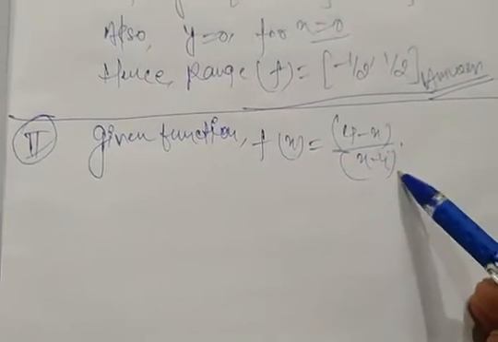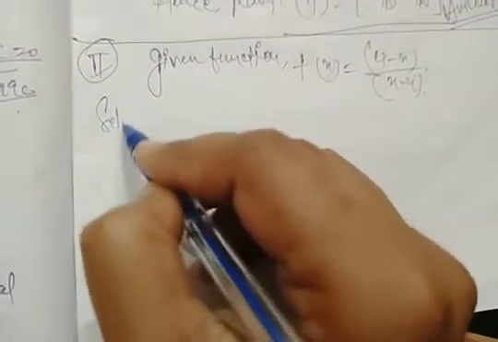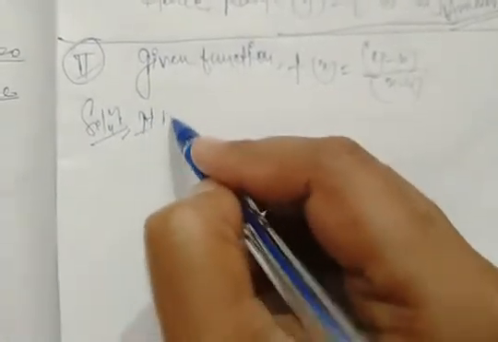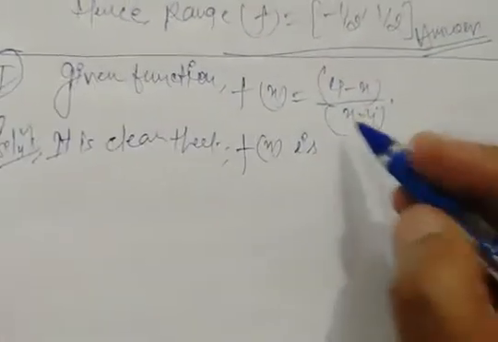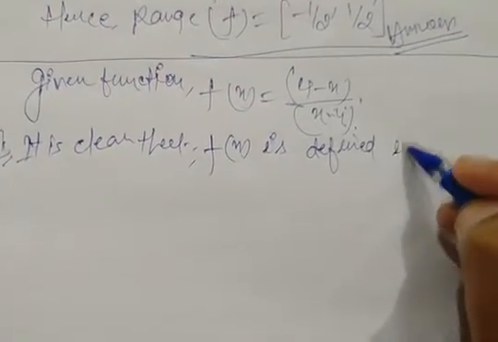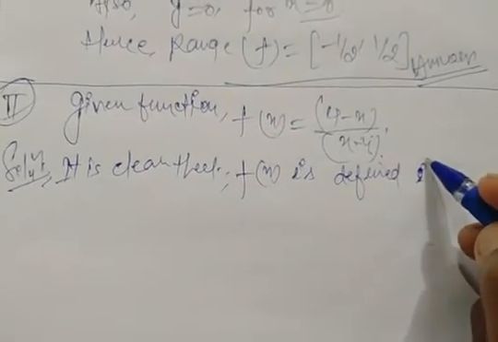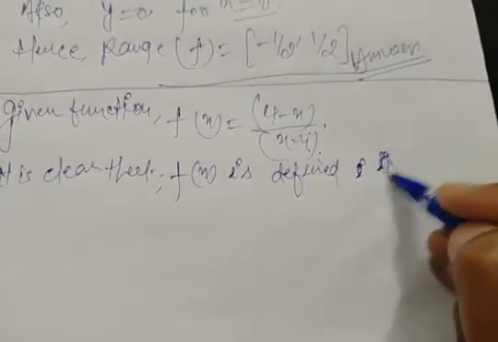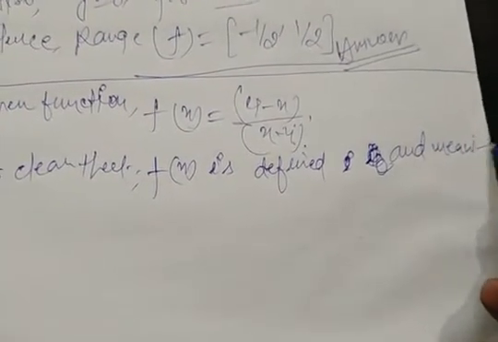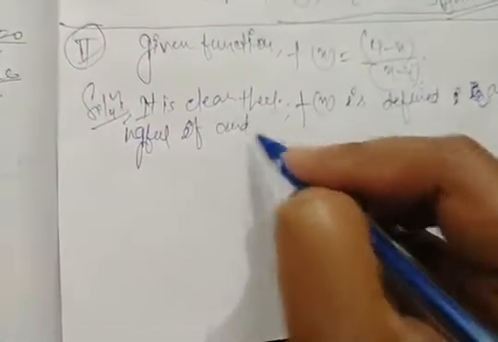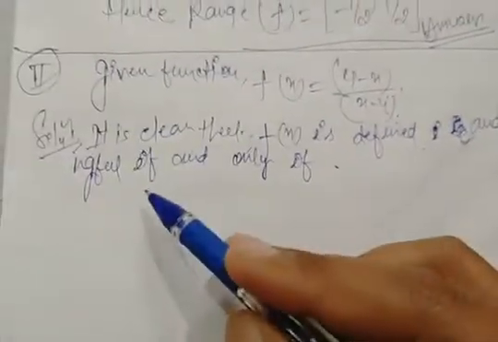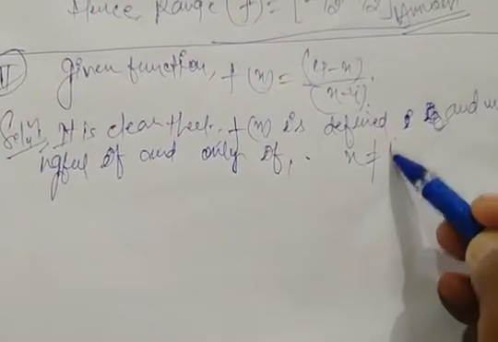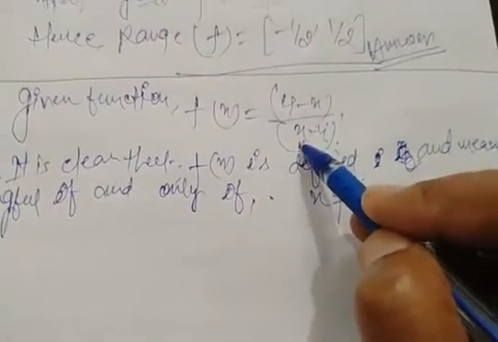Here we observe that f of x is defined and meaningful if and only if x does not equal 4, because suppose we put x equal to 4, then the denominator becomes 0.